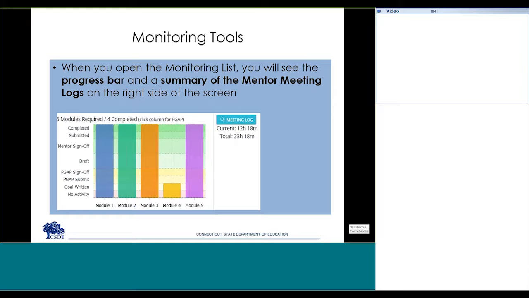In this particular case, we can see that this teacher has already completed 4 modules and is working on the final one. You also will see the meeting log information on the right side of your screen here. This is really critical because this is what you're going to be looking at.